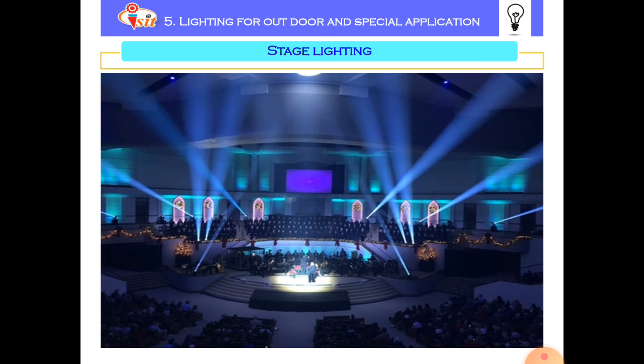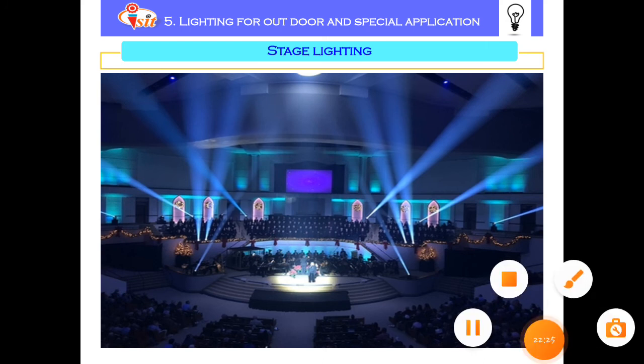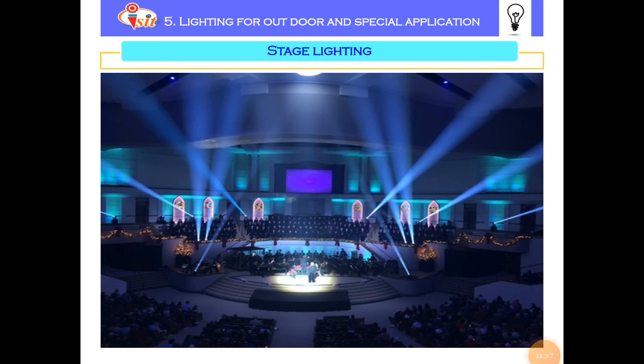The next point is stage lighting. In the lighting of the stage, much more is at stake than a mere illumination of objects. The production of effects by lighting is perhaps more important here than at any other place.